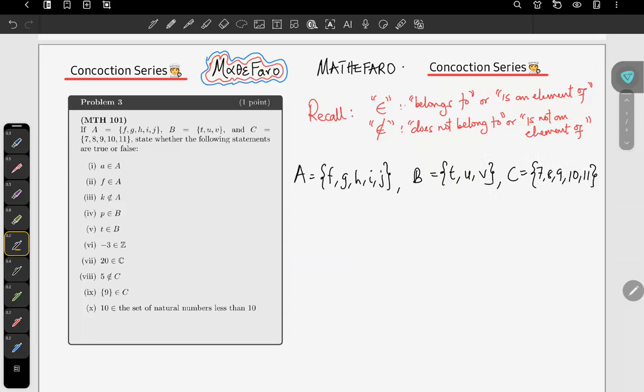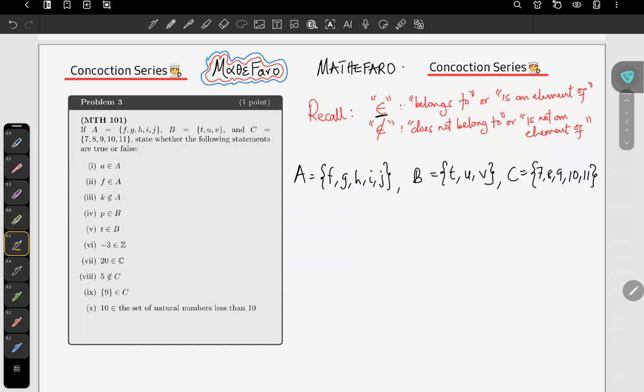So we recall that the symbol ∈ means belongs to or is an element of, while when it is crossed out, it means does not belong to or is not an element of.